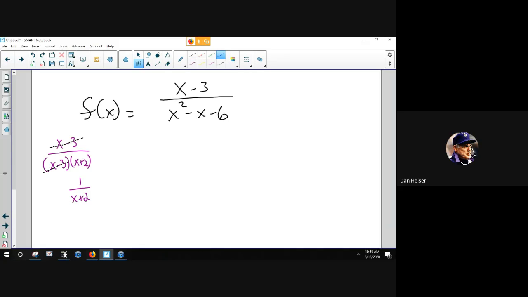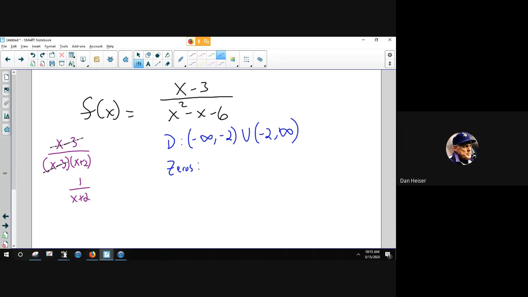So let's check. Domain: negative infinity to negative 2, union, negative 2 to positive infinity. Zeros.